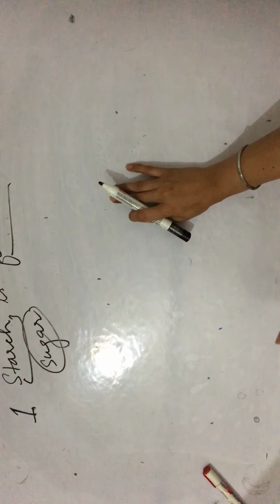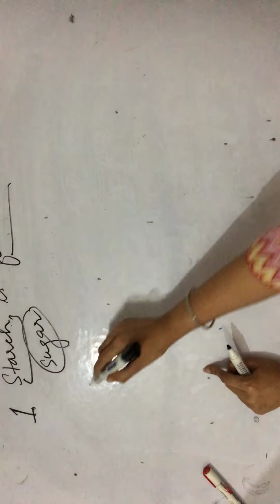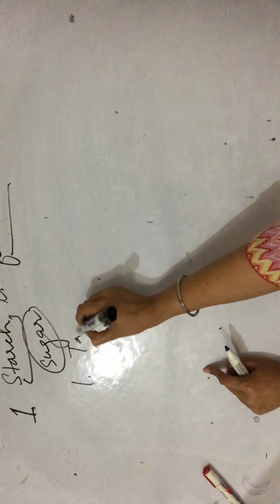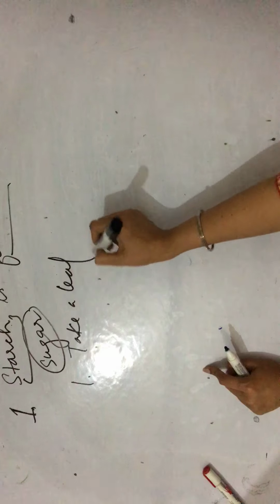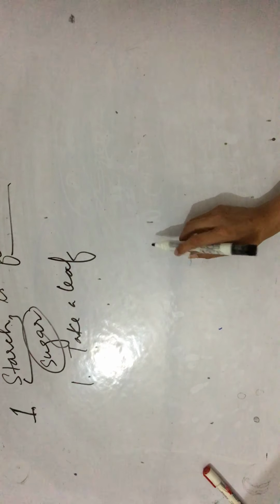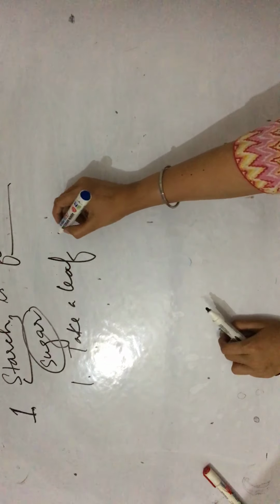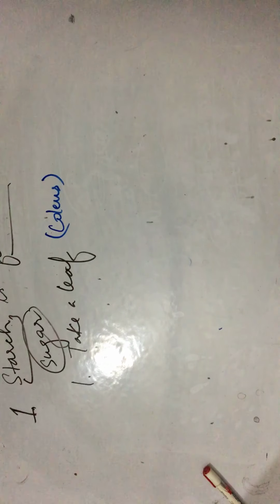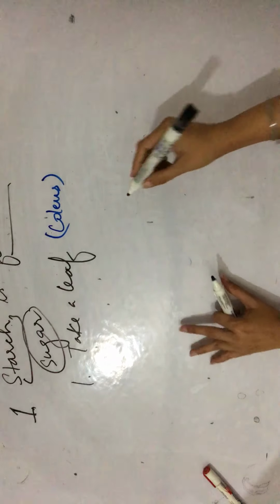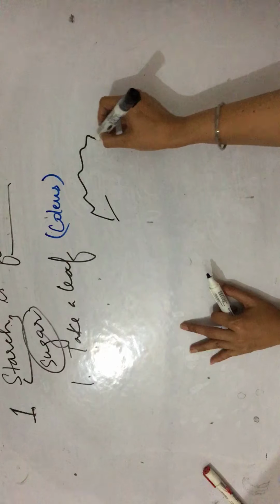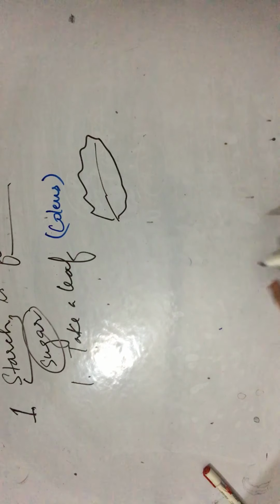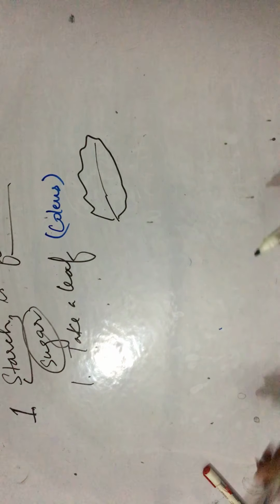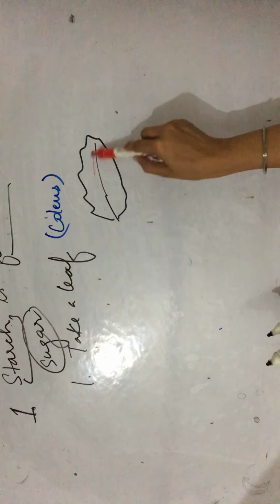So first of all, step number 1 is take a leaf. Now, which leaf? The book has given you the example of coleus. Coleus is a type of plant which has patched leaves. You know what patched leaves are? In these leaves, some of the color of the leaf is green. I don't have a green marker, so let me mark it with red.